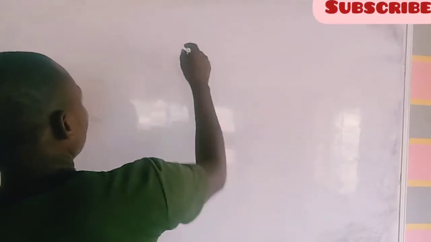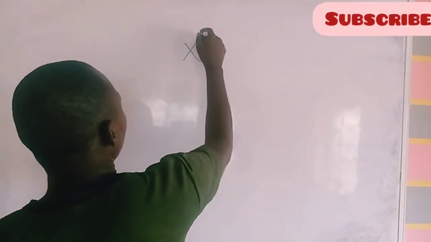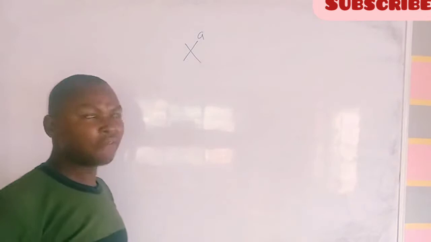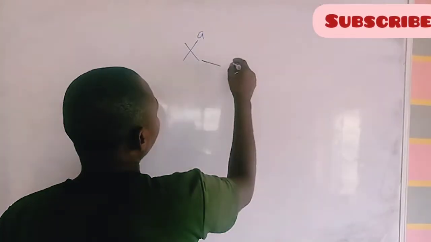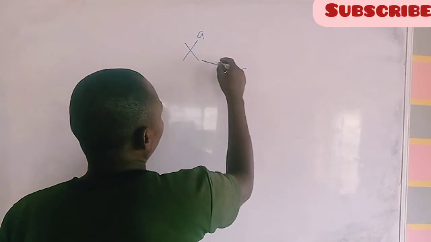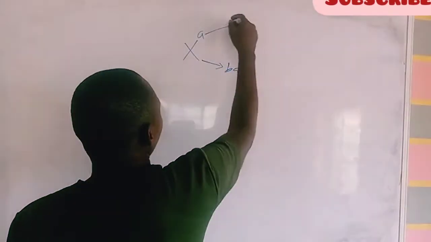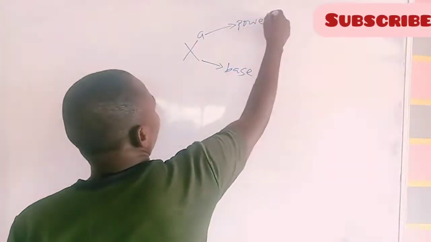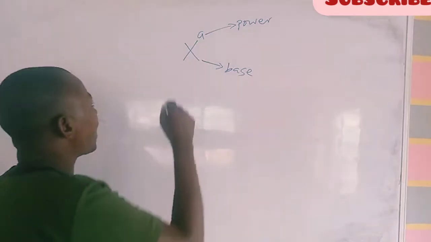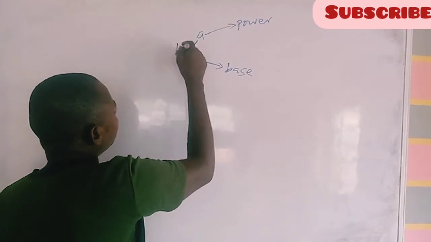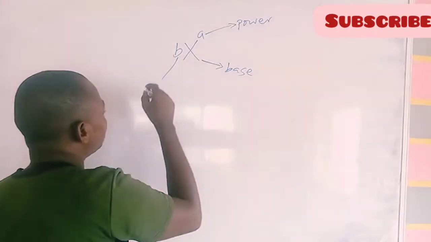such as if you have x raised to the power a, we have the base, and this is the power. The base and the power. Sometimes we can have a coefficient.